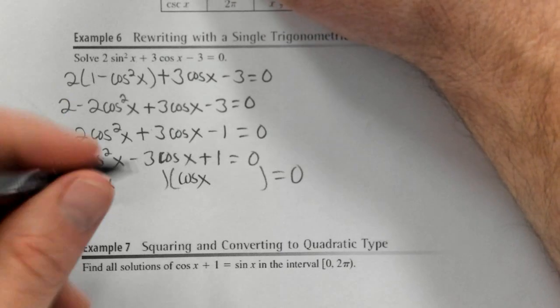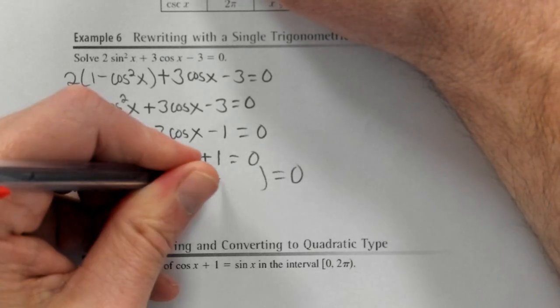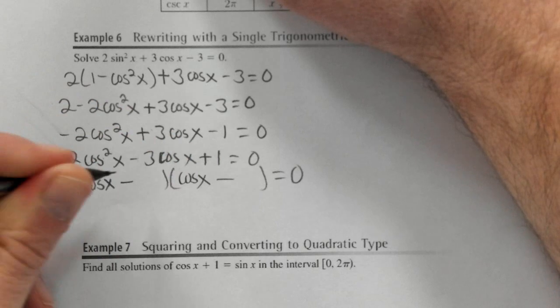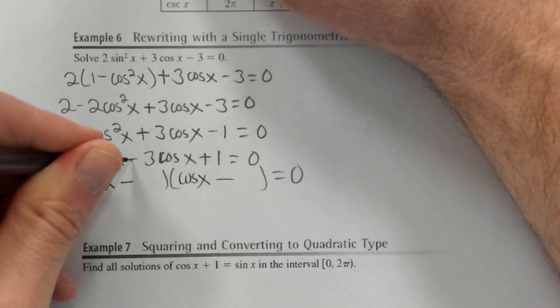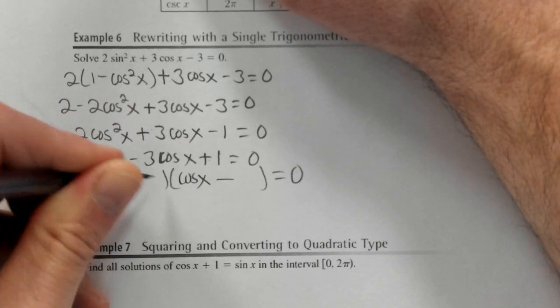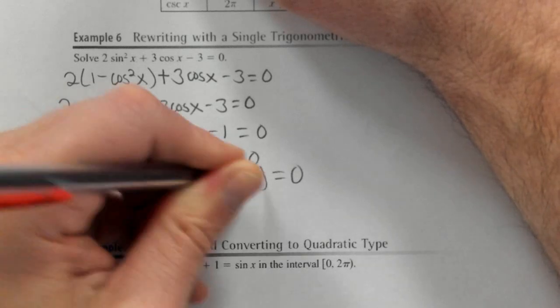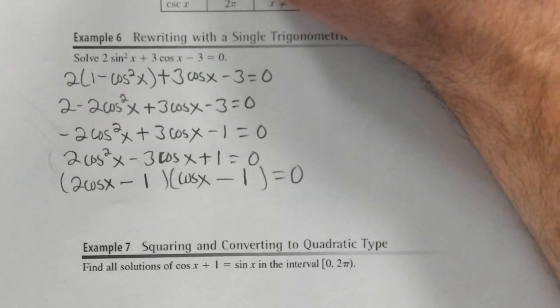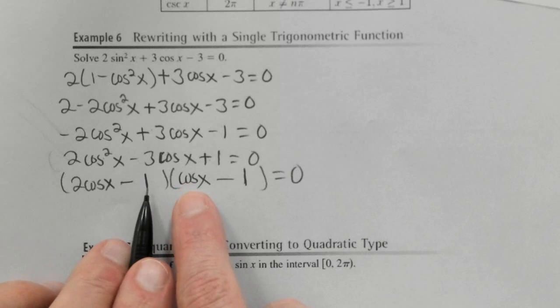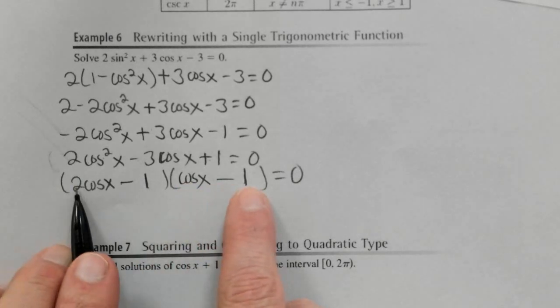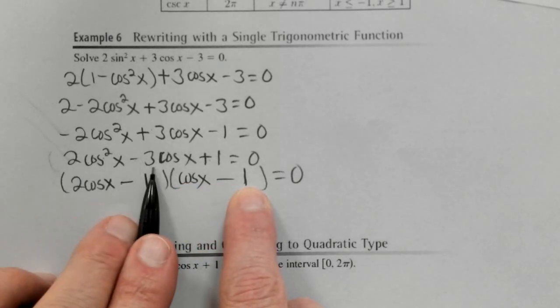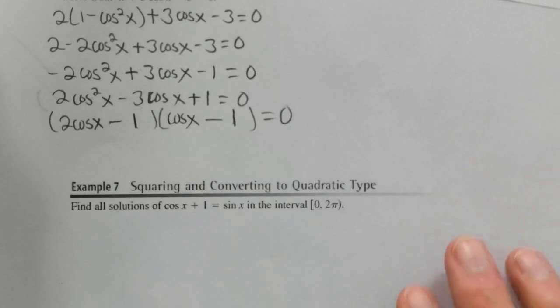That would have to be a negative times a negative making a positive, because that's the only way that my ending term can be positive and my middle term negative. And the only way to get 1 is negative 1 times negative 1. Let's double check the middle term: negative cosine x minus 2 cosine x is negative 3 cosine x, so we have factored it correctly.